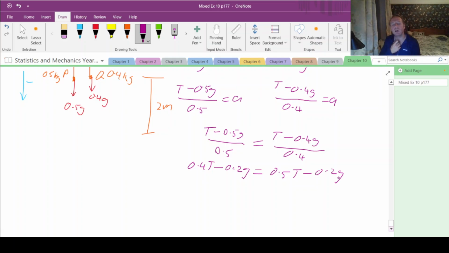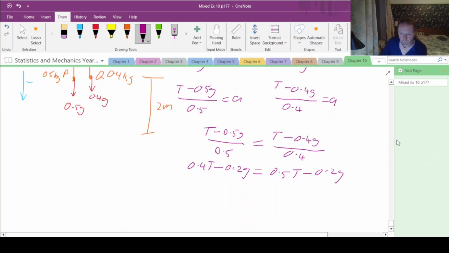Doesn't feel right. Okay, we'll have a look at it. Let's see what we get. Did I do something wrong? I don't know. Right, as we bring that across, that's going to be positive, that's going to be negative. It looks like the tension comes out as 0 because as I bring that across, these have not changed in terms of the minus and the plus.